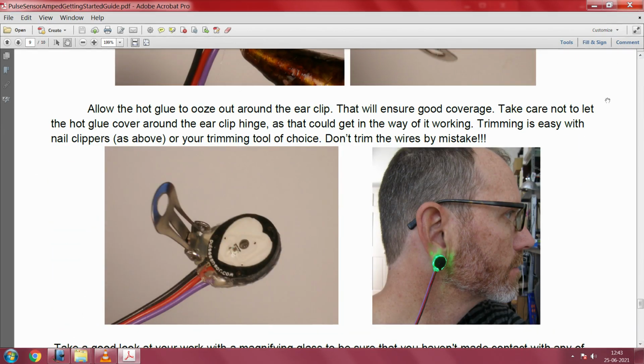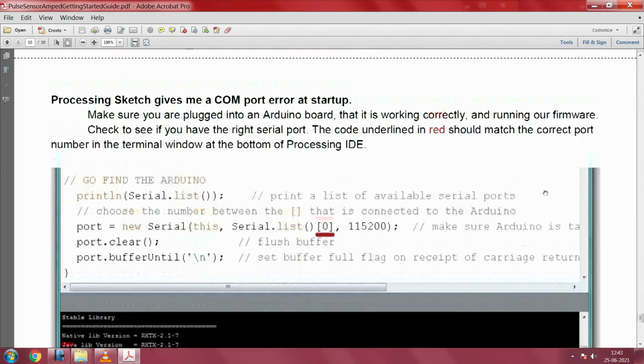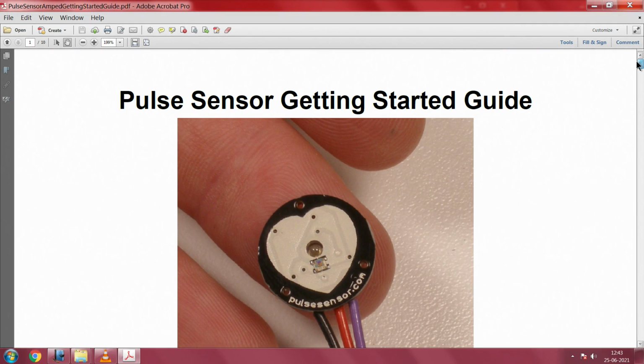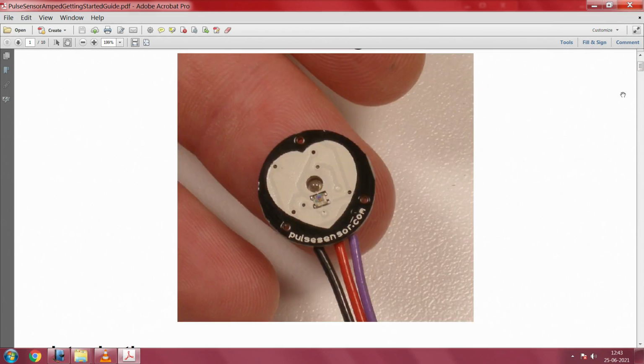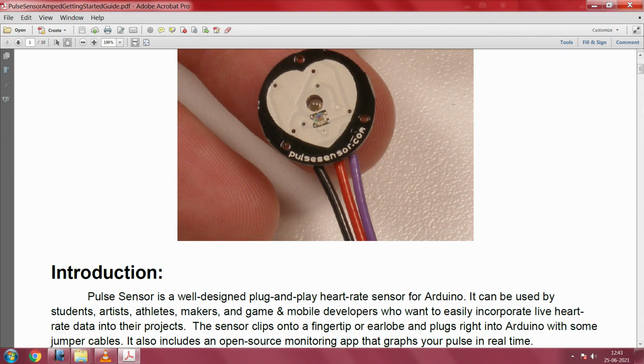You can see on the right side here it is actually placed on the ear for making a measurement of the pulse. You have seen the name out here, it is called pulse sensor, you can buy it at some low cost at pulsesensor.com. This is one part of the thing.